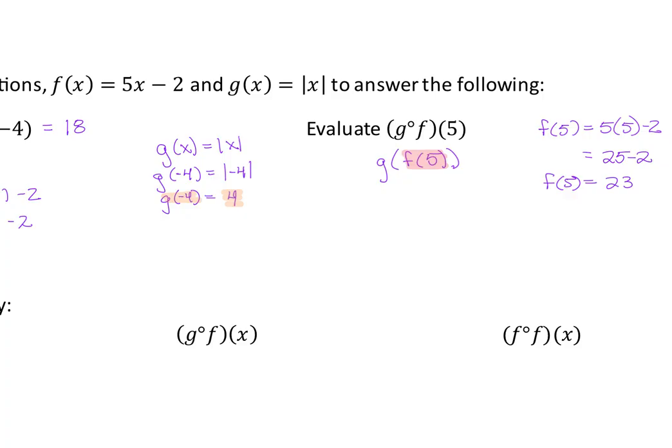Okay, we're going to replace our f of 5 with 23 over here. If we do this, we get g of 23, which is the absolute value of 23, which is equal to 23. And so our composition of functions is equal to 23.